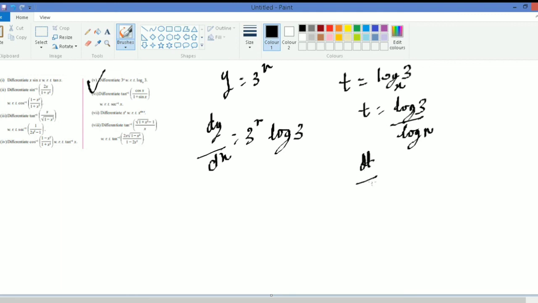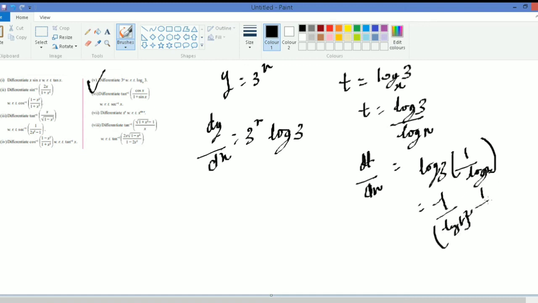Now dt upon dx can be written as log of 3, a constant, into the derivative of 1 upon log of x. Now this is 1 upon a function, which is minus 1 upon log x square into the derivative of log x, which is 1 upon x. So that is dt upon dx.